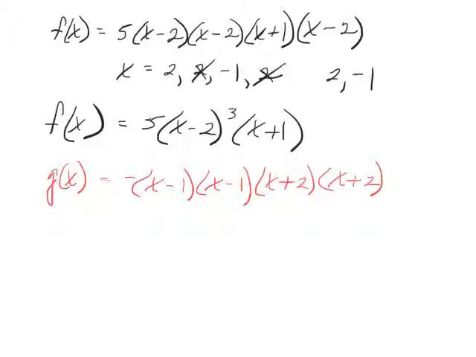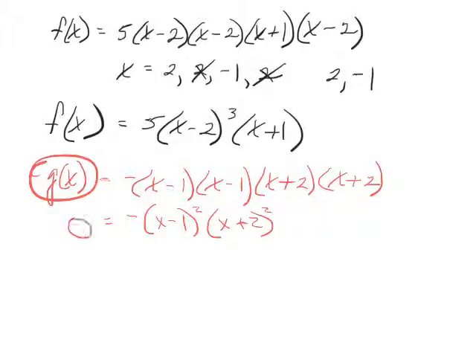And we can rewrite that as negative x minus 1, the quantity squared, x plus 2, the quantity squared. Okay, so if this were 0, then we could find out the x-intercepts. So x is going to be 1 when y is 0. X is going to be negative 2 when y is 0.